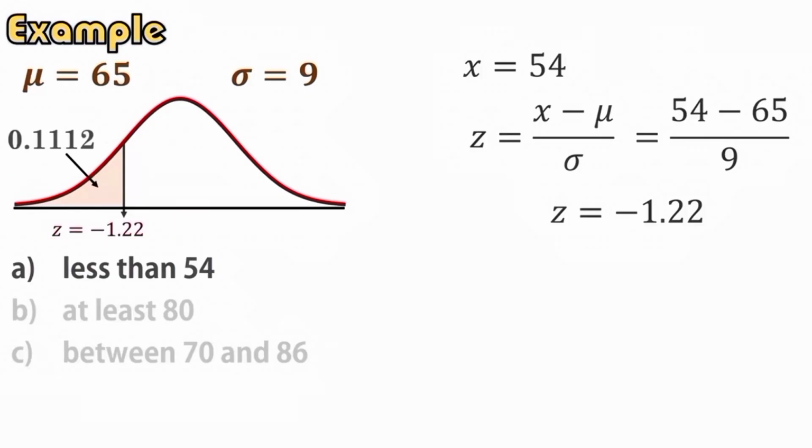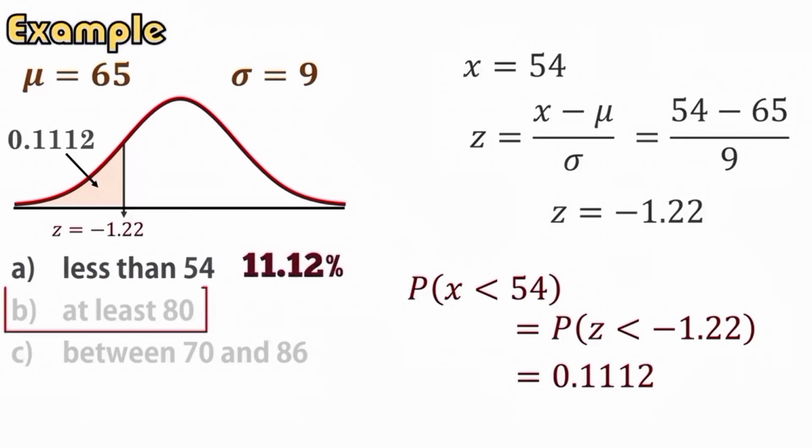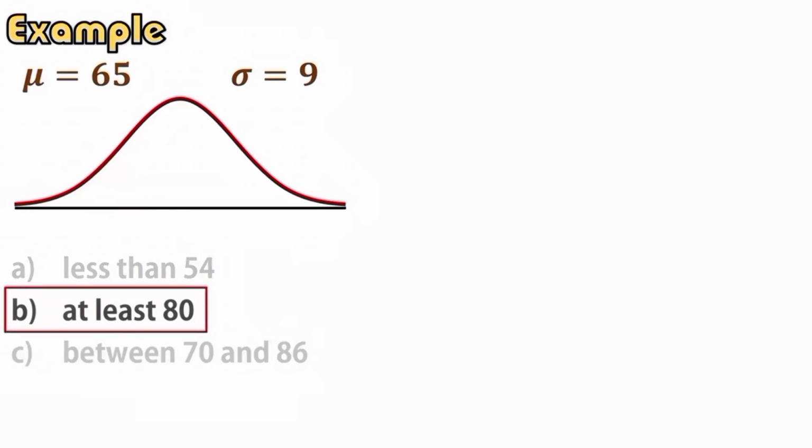That area will be 0.1112. So P of X less than 54 is equal to P of Z less than negative 1.22, which is equal to 0.1112, or 11.12%.